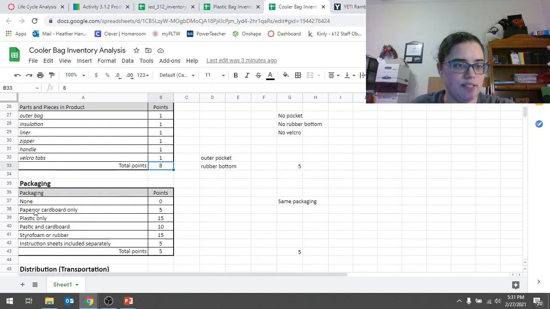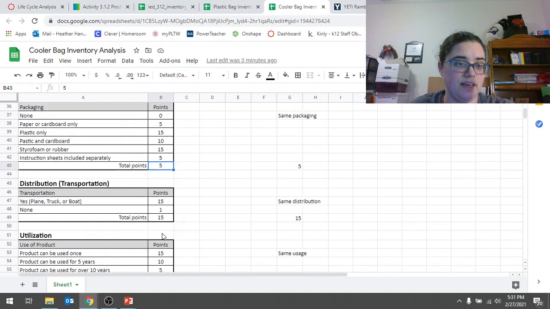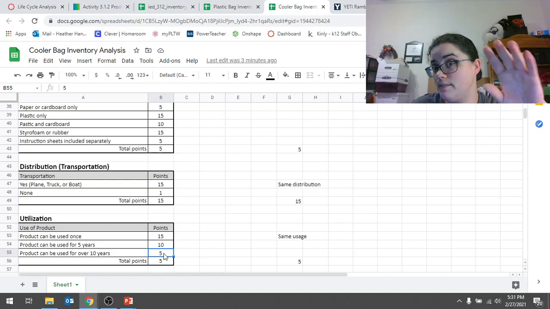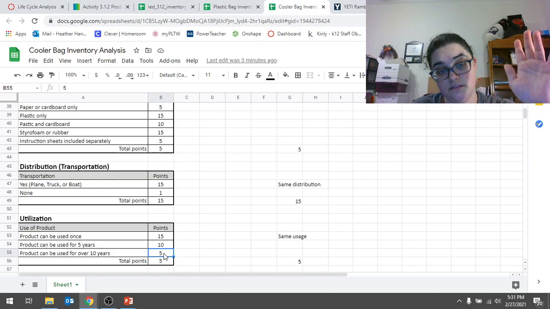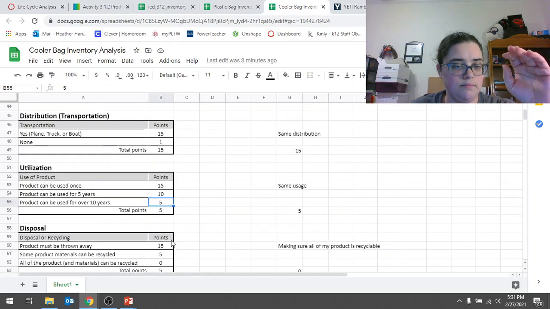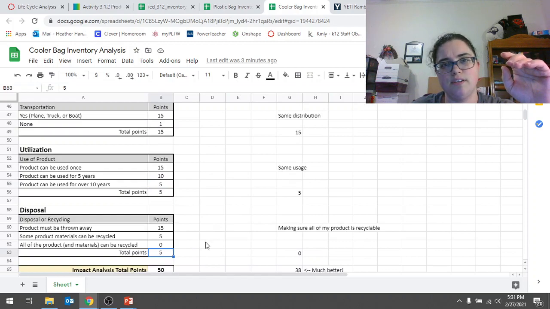Packaging. It's got to be put in a cardboard box. It's most likely a cardboard box. And yes, it's got to be transported. But I can use it for a long time. The one that I have, the blue Rachel Ray one, I've had it for 5, 6, 7, 8, 10, 11, maybe 12 years now. And disposal. I'm assuming parts of it can be recycled.